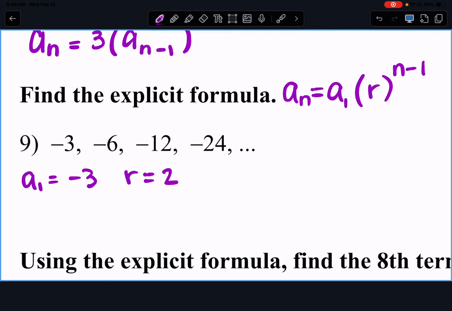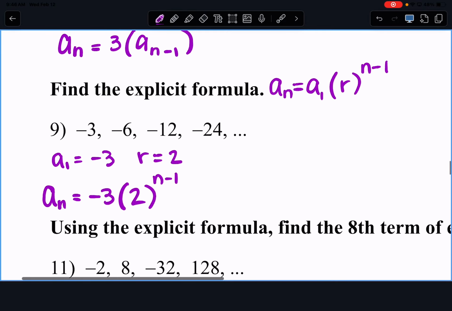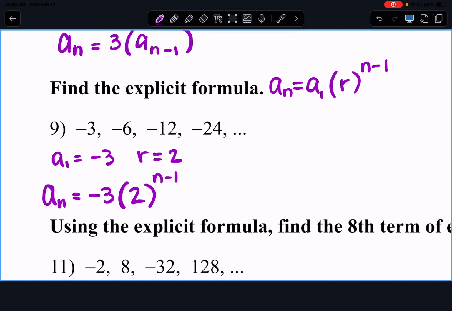Times 2. And so we are good to do that formula. It'll do AN is equal to what? -2 times 2 to the n minus 1. Perfect. That's all we got to do. All right.